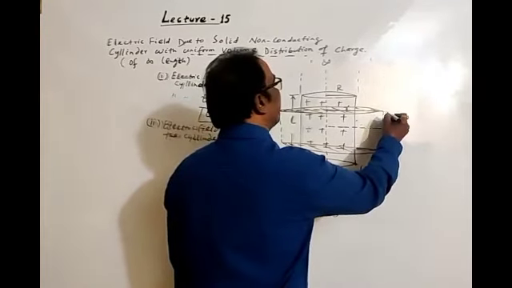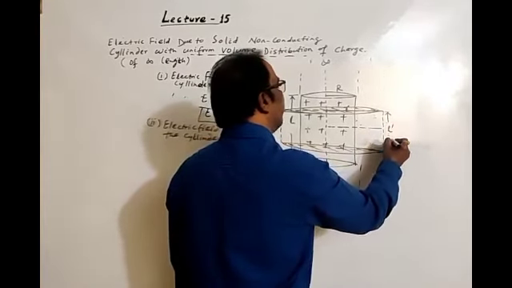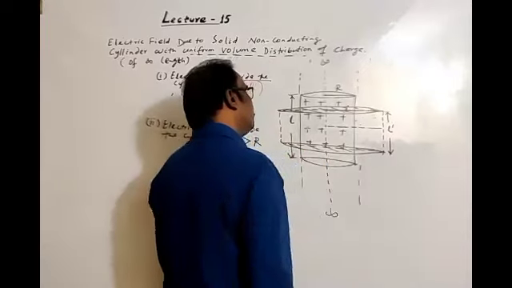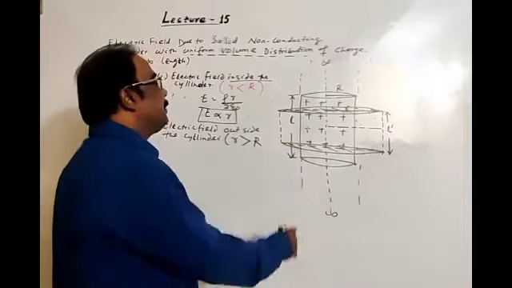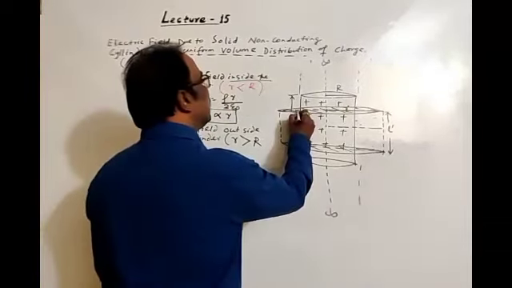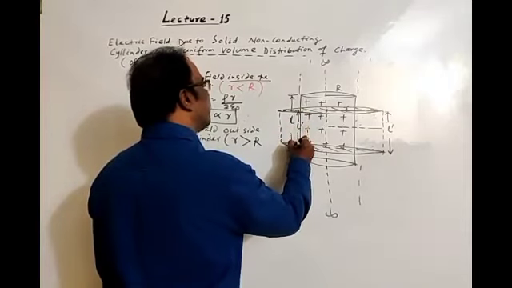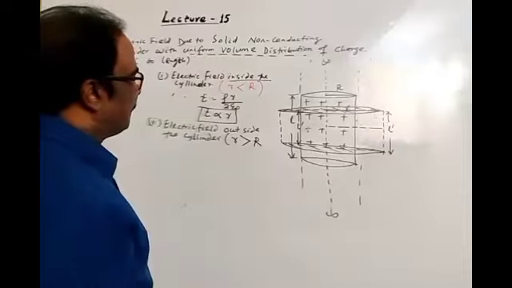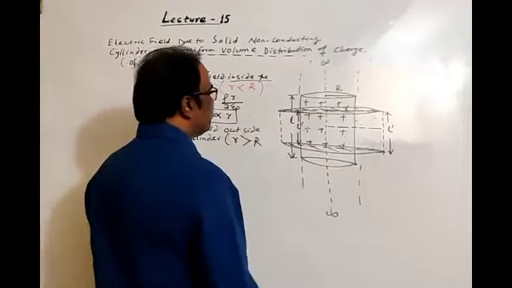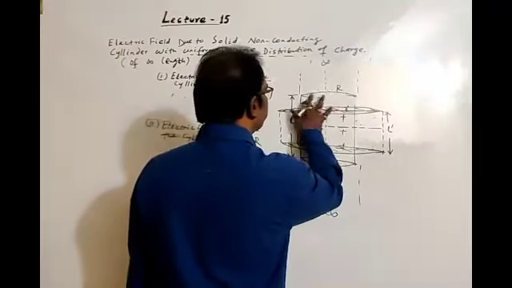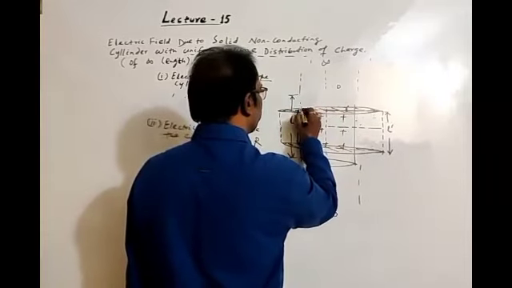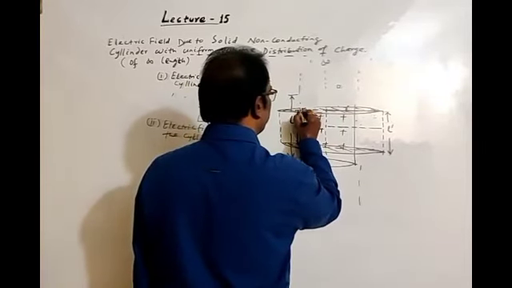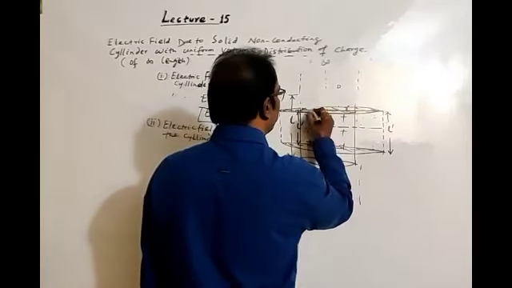Let's take this length as L dash. L dash means this length is also L dash. Of course, we may reduce this. This is the actual cylinder.